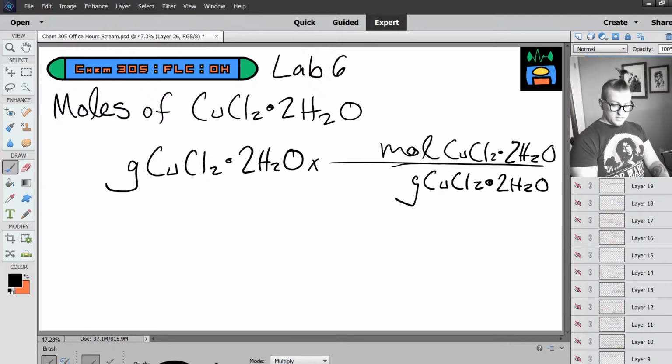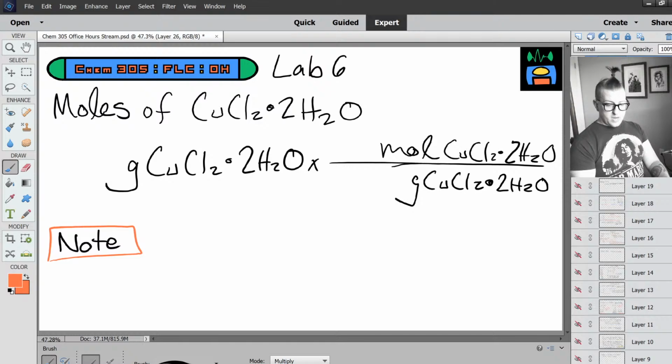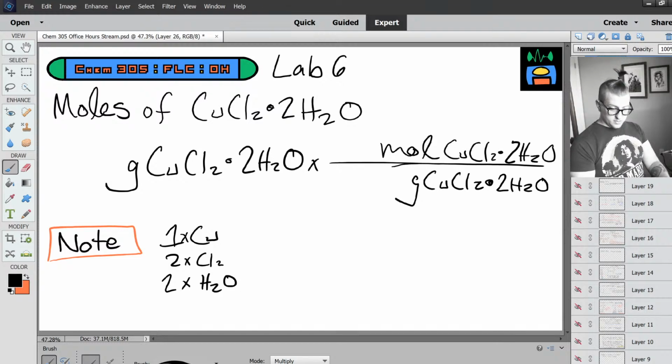But something to be aware of. When you calculate the molecular weight, there's 1 copper, 2 chlorides, and 2 water molecules.